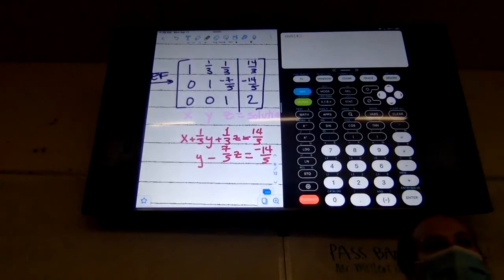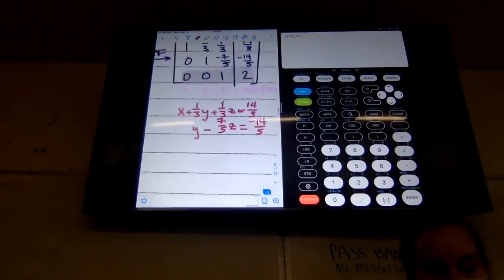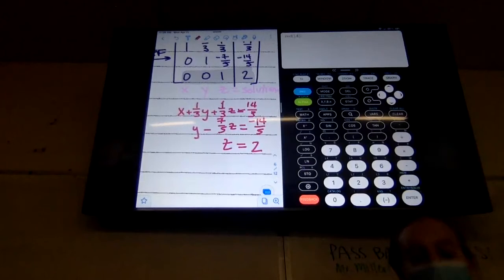Okay, with the second row? And so what does that mean the third row equals? Z equals 2. Oh, that last one's a nice one, isn't it? Super nice. That just tells us Z equals 2.